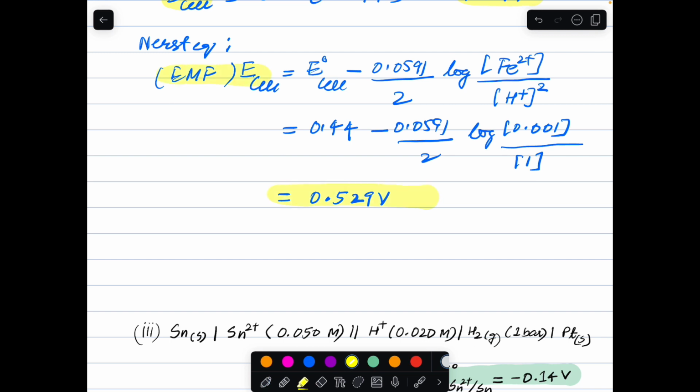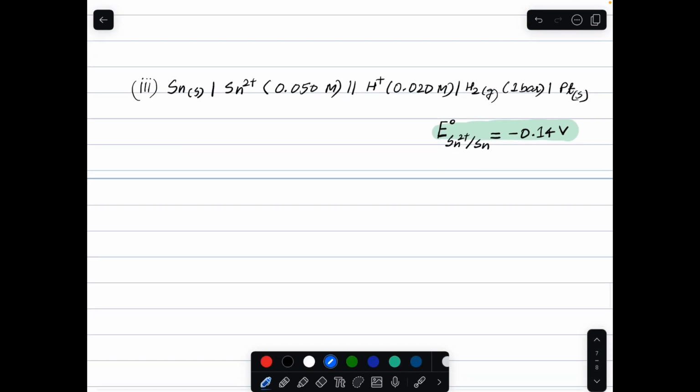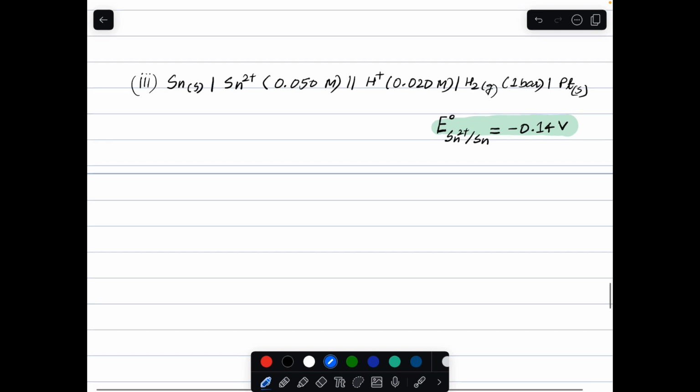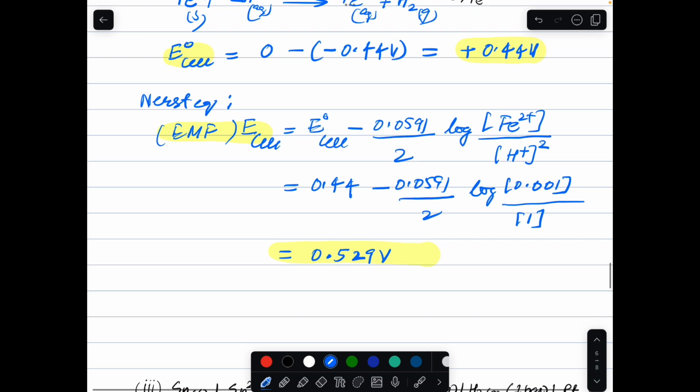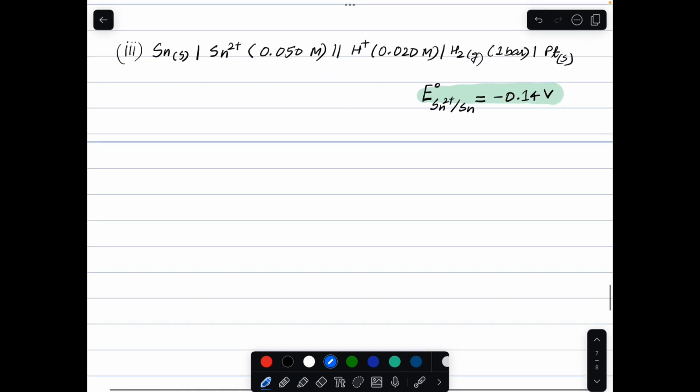Okay. Next one, for the third part. In the third part, again the same idea. We have to find out what is the cathode and what is the anode. So here the cathode is again the standard hydrogen electrode, and the anode is made up of stannous or tin.